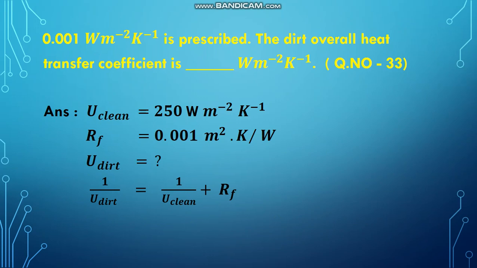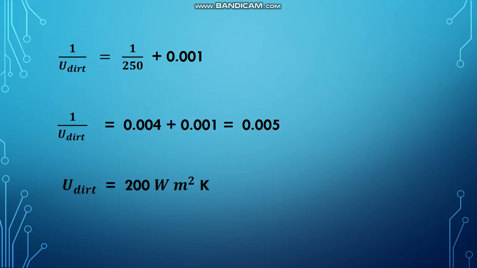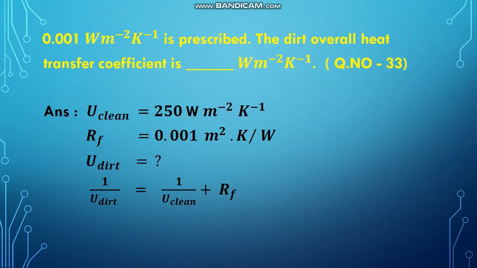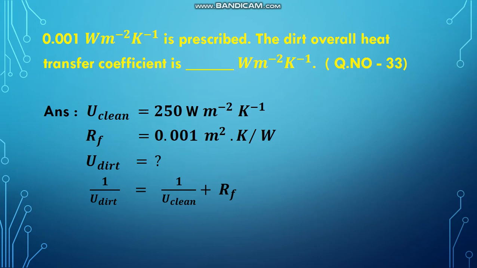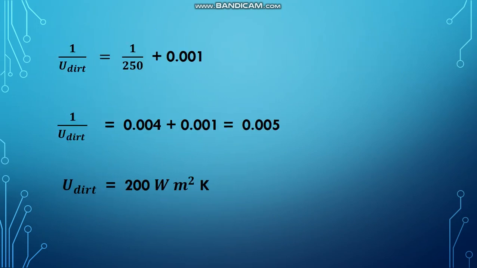So 200 watt per meter square Kelvin is the answer. It's a simple problem. For the shell and tube heat exchanger, the heat transfer coefficient is given and fouling resistance is given. You have to find out the dirt overall heat transfer coefficient, which we have solved as 200 watt per meter square Kelvin.